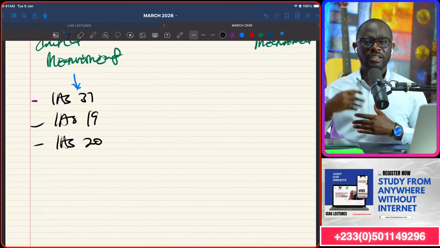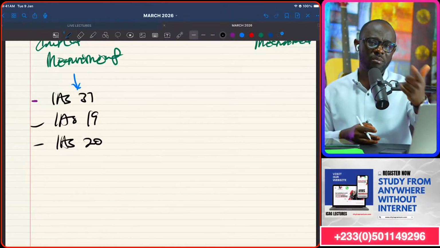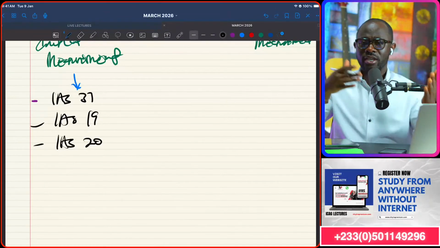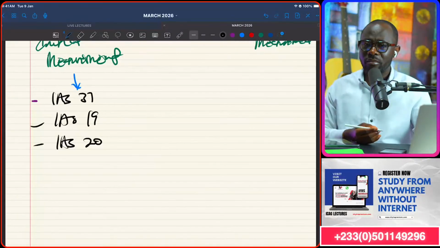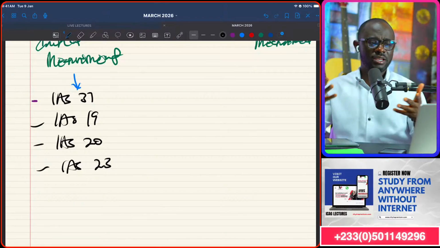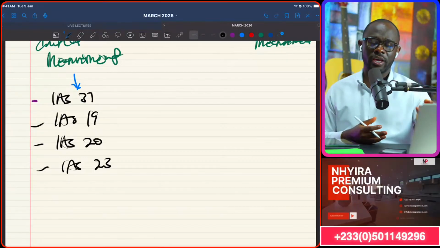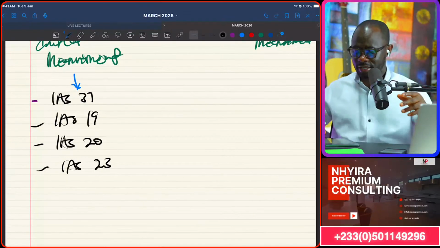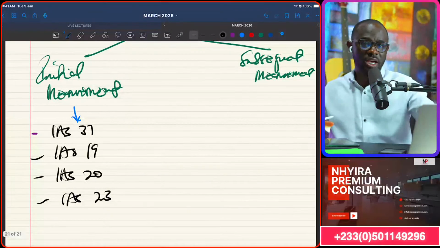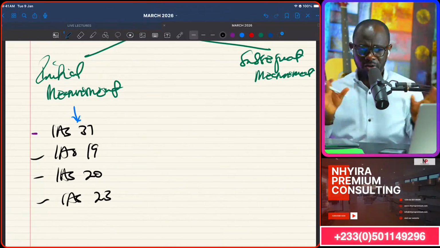IAS 20, the way government grant is accounted for will influence the initial measurement of assets acquired when an entity receives a government grant. IAS 23, borrowing cost. When an entity borrows money to finance the acquisition, the construction, or the manufacturing of a qualifying asset, it influences the initial measurement of that asset. Are you following the picture?